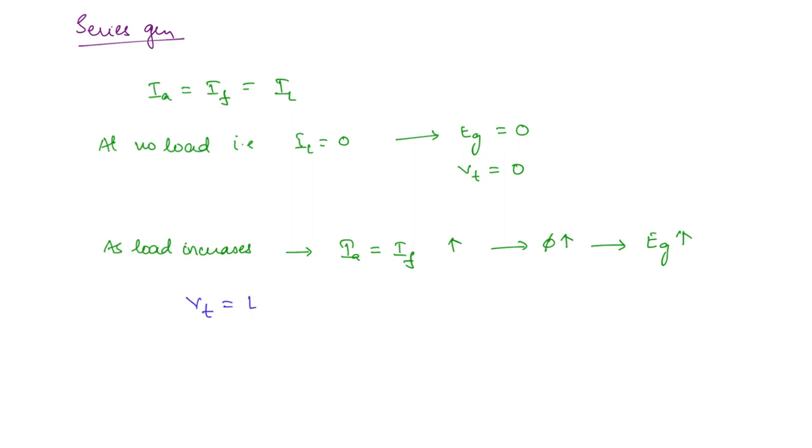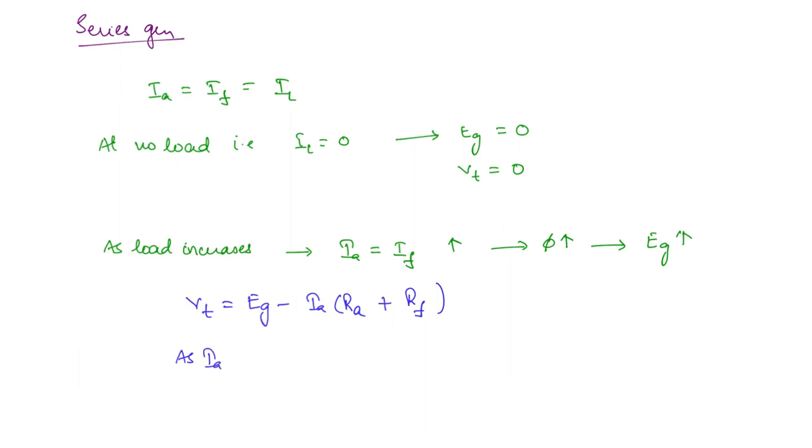Vt is equal to Eg minus the drop across the armature resistance Ra, and also the drop across the field resistance. Okay. Now one thing that you can observe here is, as the load increases, Eg increases. So if Eg is increasing, Vt will also increase, but also Ia is increasing. Okay, but Ia is going to have a reducing effect. Because of the increase in Ia, Vt will reduce. Okay, so this point is important here.